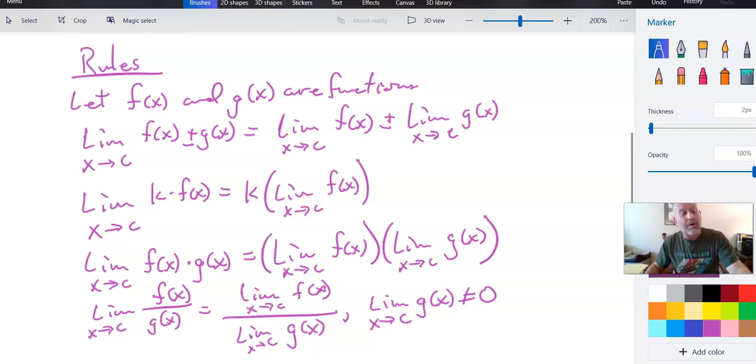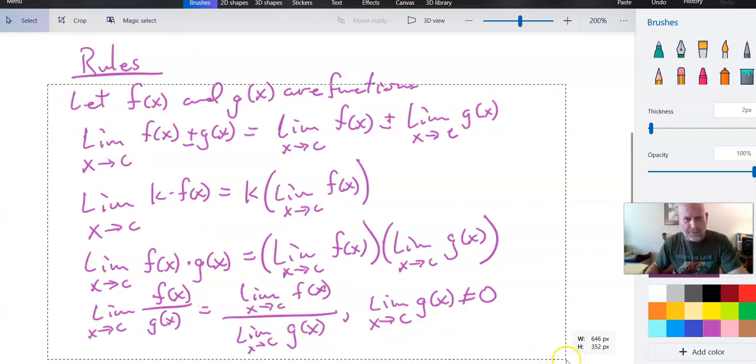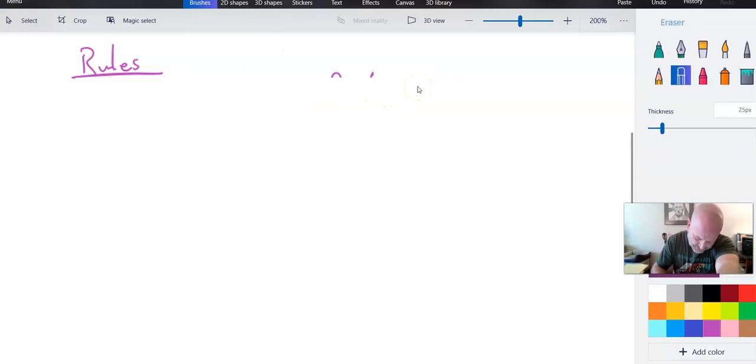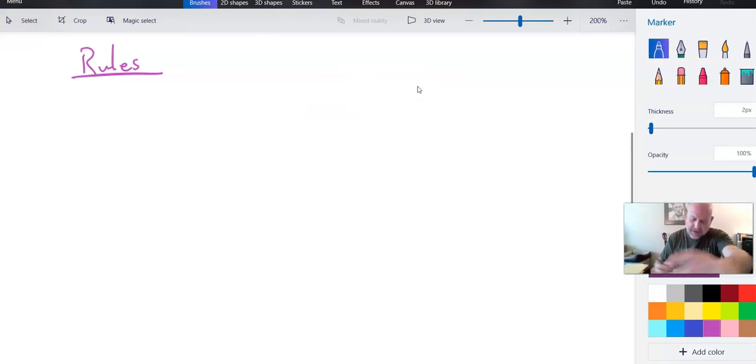Okay. Now, let me go ahead and get rid of some of this because there's two more I want to talk about. These are all the linear properties. I'll just do the rest this way. And there's some properties that go along with exponents also.